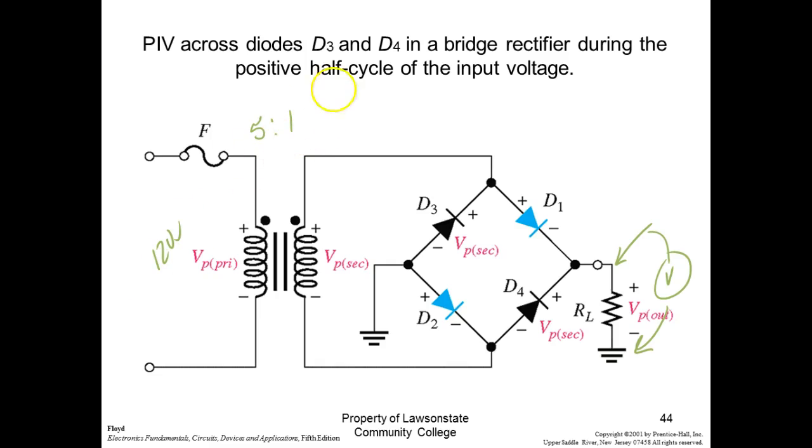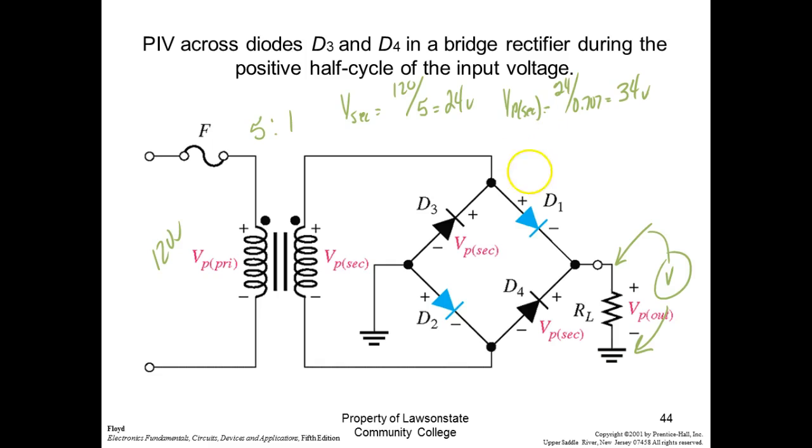Okay, first thing I'm going to do is take the 120 volts and calculate V on the secondary. I'm going to take 120 volts and divide it by 5. So what do we got? 24 volts. Right? Everybody okay? Then I'm going to calculate V peak secondary. I'm going to take 24 and divide it by 0.707. What do we got? 34 volts.